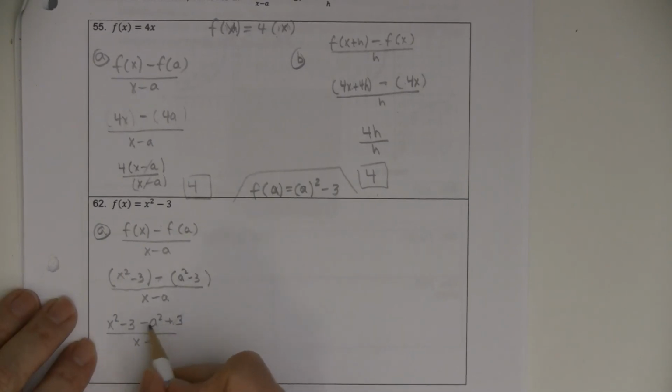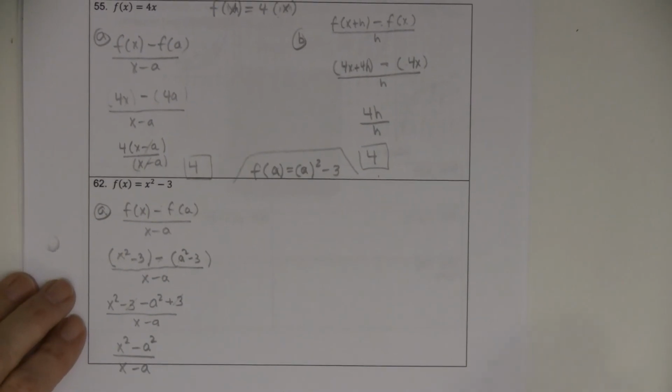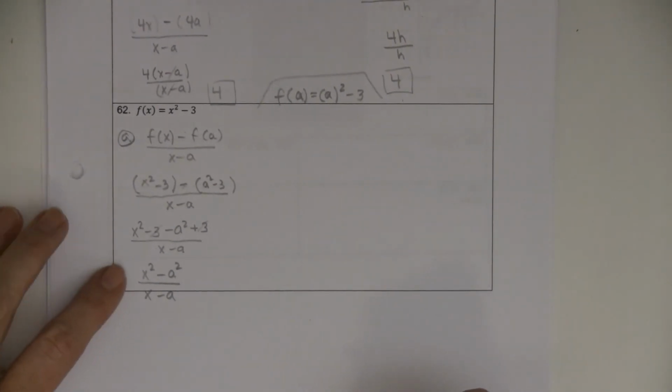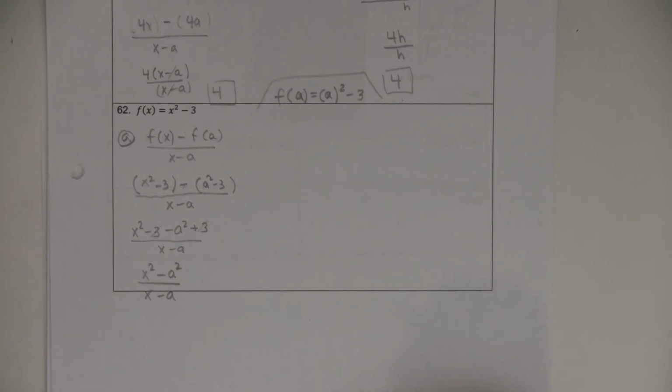The 3's cancel to 0, so I get x squared minus a squared, and this will only reduce if you can factor the numerator and the denominator. And the numerator is a difference of squares.